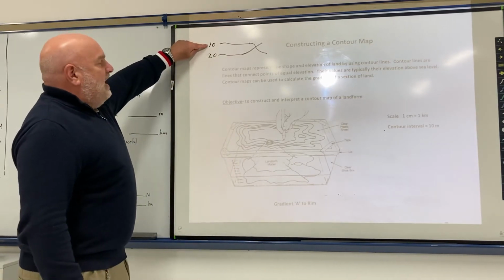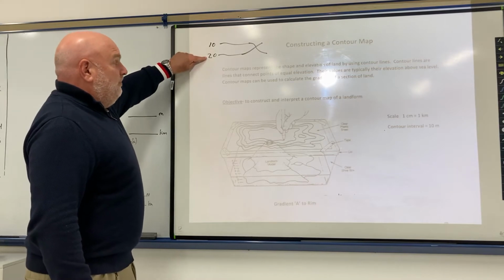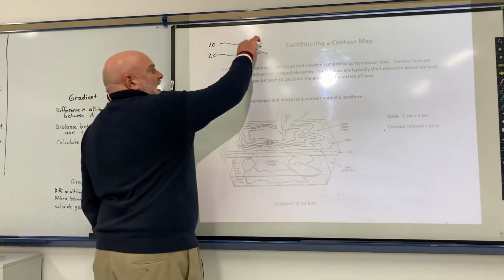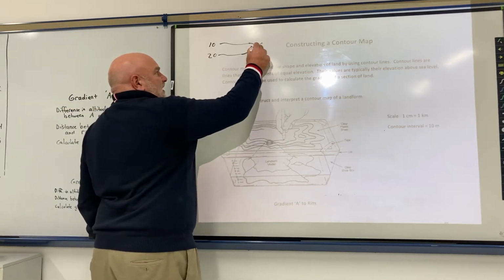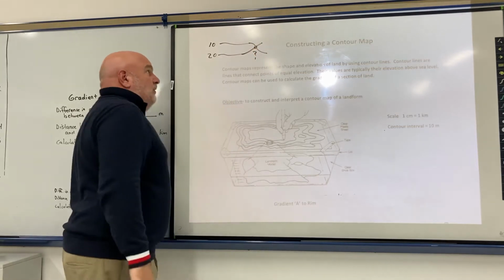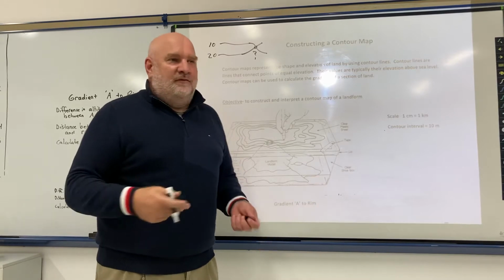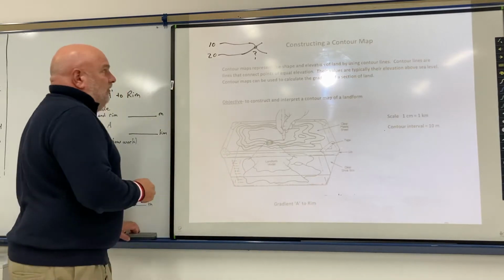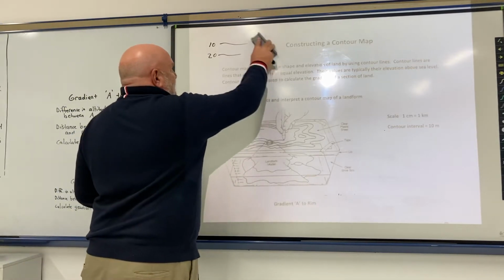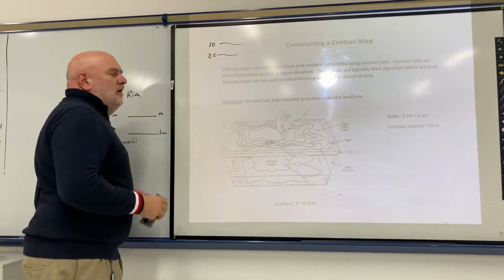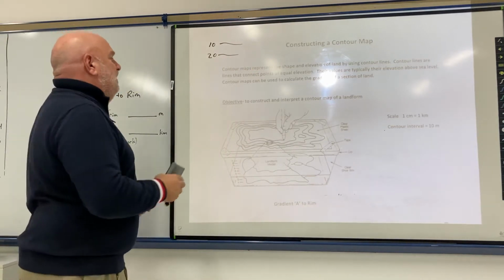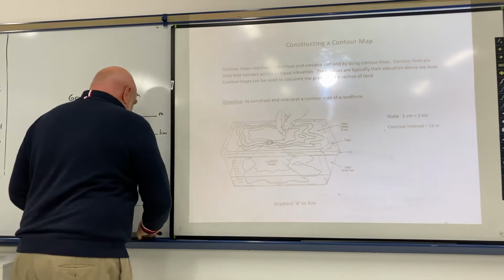So that could be 10 meters above sea level, that's 20 meters above sea level. But if my lines crisscross, what is that point right there? Is it 10 or 20? One point can't have two different values. So when you draw iso lines, they can never crisscross. They should run somewhat parallel to each other.